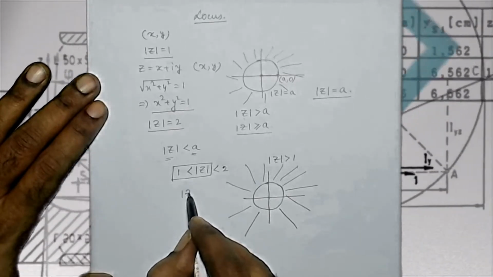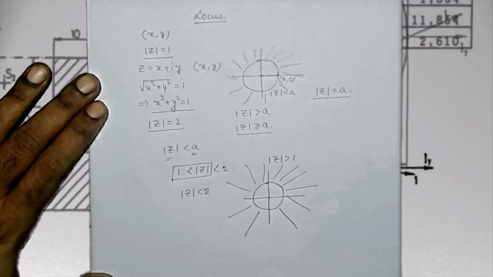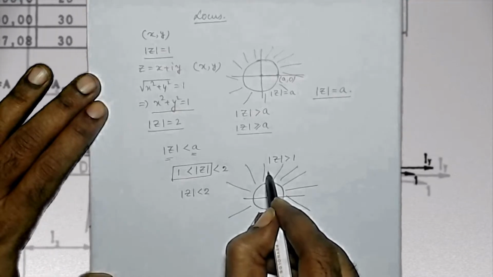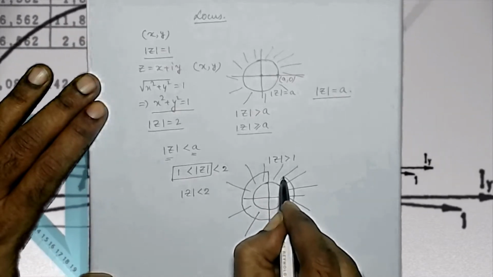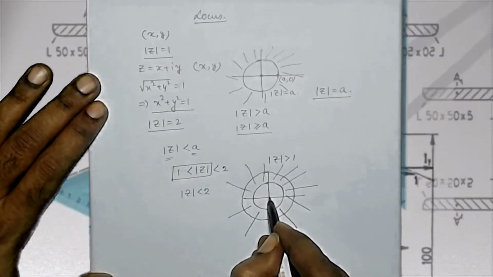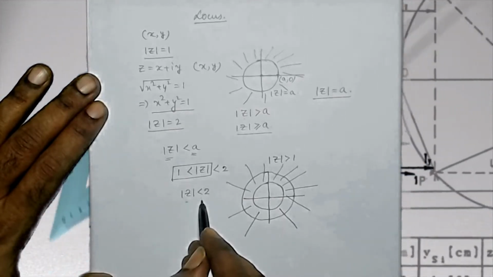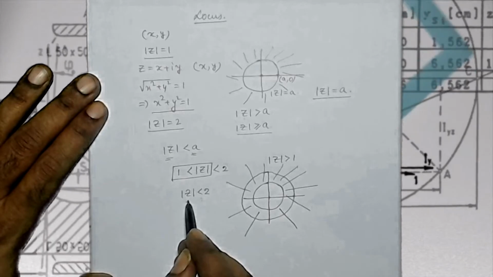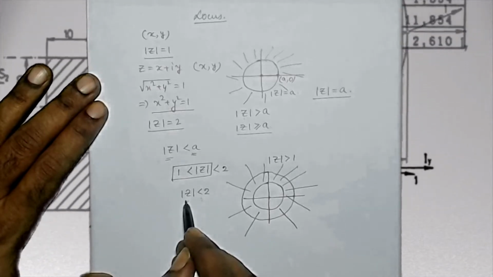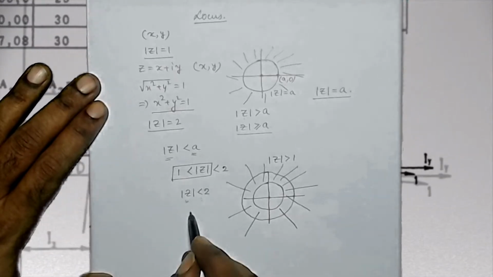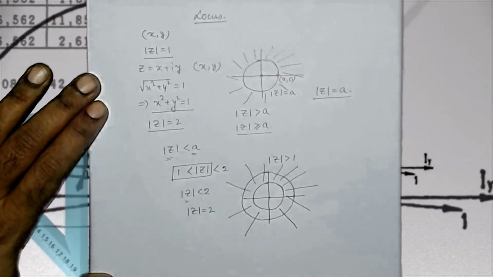Now, when mod z is less than 2, what do you mean by that? There is another circle whose center is at the origin and radius is 2 units, but less than 2 means that z is lying everywhere inside the circle mod z equals 2. Yes?